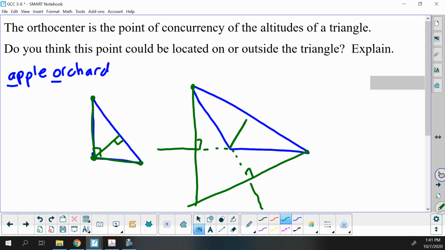And then our last one would be a right angle there. If we extend it, notice it meets up outside the triangle. So do you think it could be located on or outside the triangle? We could say yes if right or obtuse.